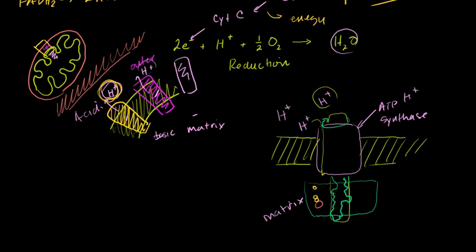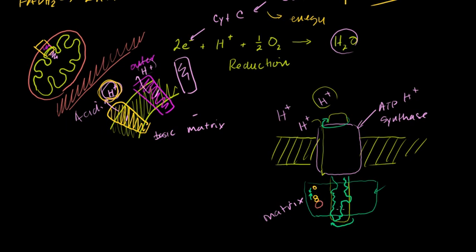But as this inner axle turns, because it's not a symmetrical tube, it has different things sticking out that have different amounts of atomic charge, and it's going to play with this outer housing right here. And so as this turns, the outer housing, because of just the proteins bumping against each other and electrical charge and whatever else, is going to squeeze the ADP and the phosphate together to actually form ATP.